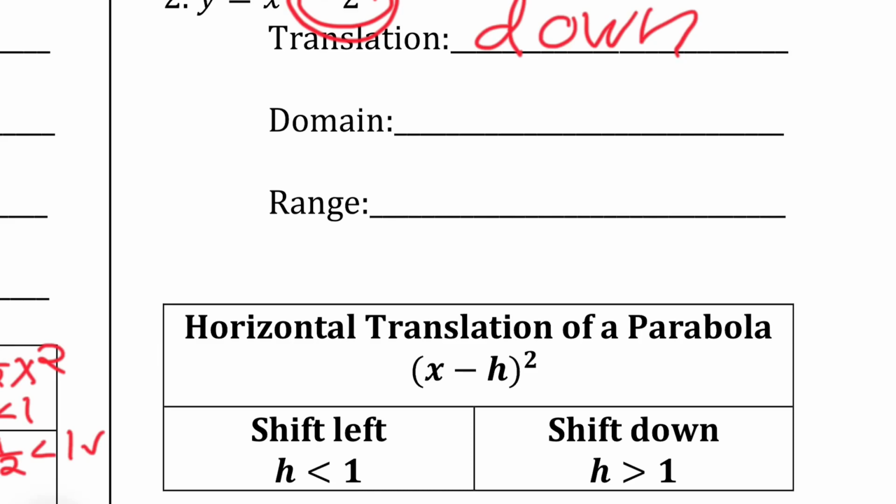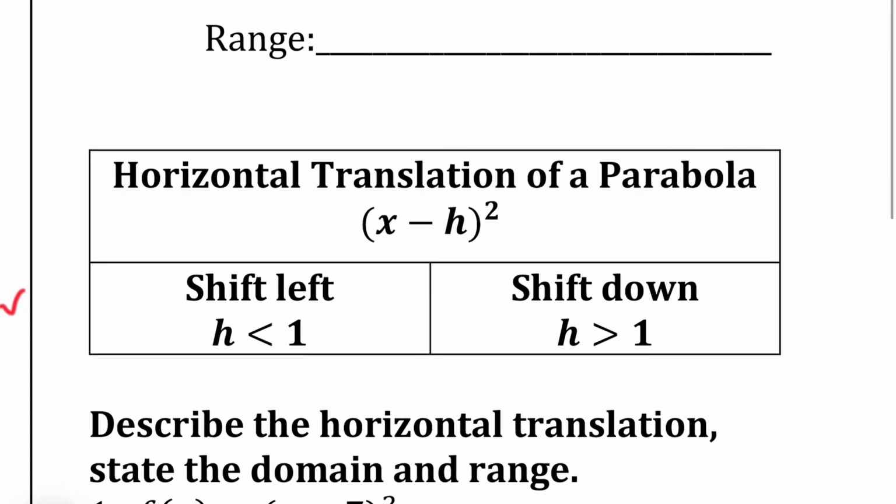Now what if it is on the inside? Inside with the x is our h. So this is opposite of what you think. So if h is less than 0, it is going to be going to the left. If it is greater than 0, it is going to be going to the right.